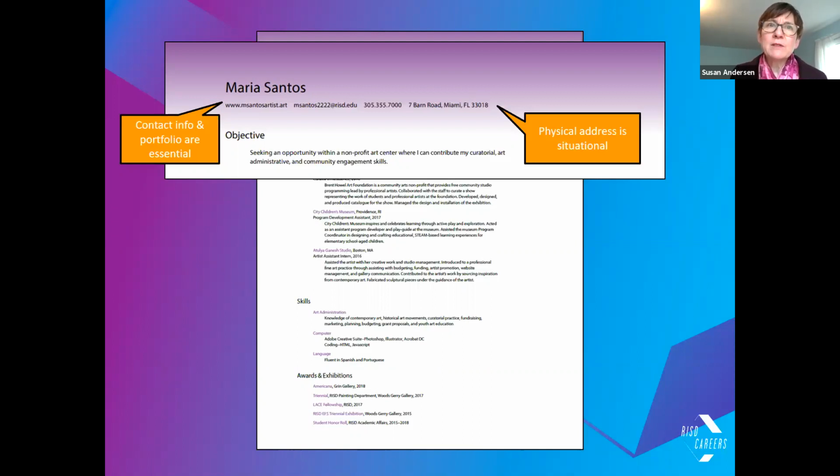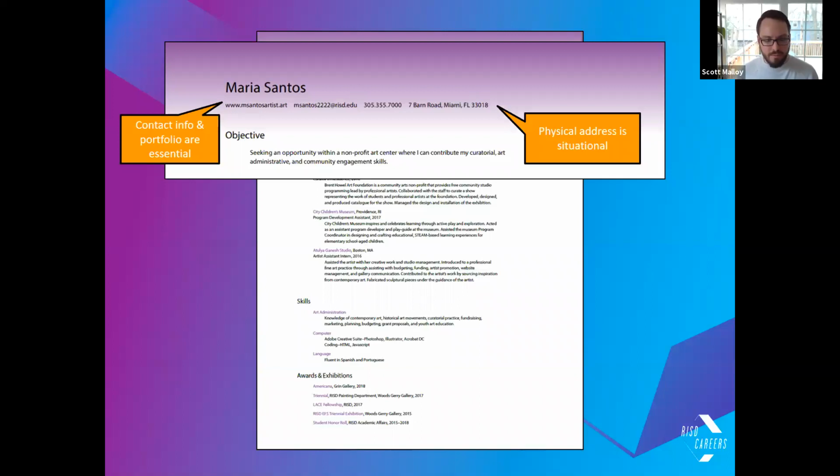Scott makes great points about proximity being a consideration depending on where you're applying. But also remember that you'll have a cover letter, a letter of introduction, or an email that you're going to send along with your resume, where you can also reference your proximity and explain your accessibility to the location of the places you're applying to.